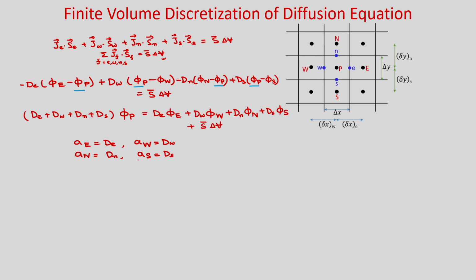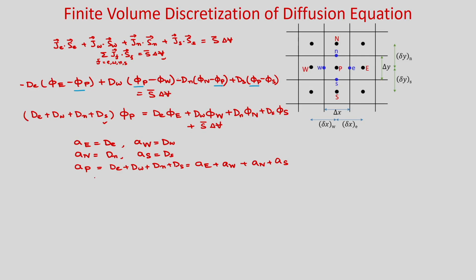If we represent the left hand side coefficient of phi p as a p, it is d e plus d w plus d n plus d s, which is nothing but a e plus a w plus a n plus a s.